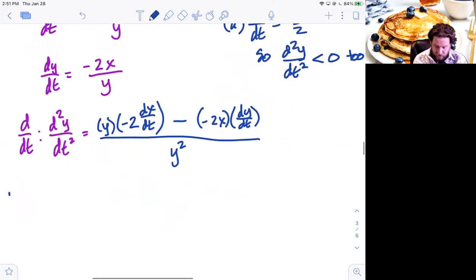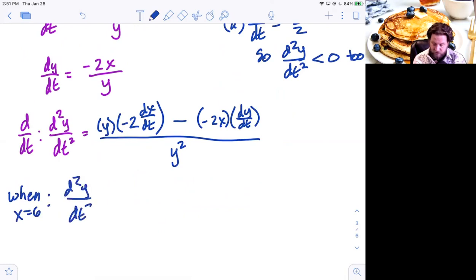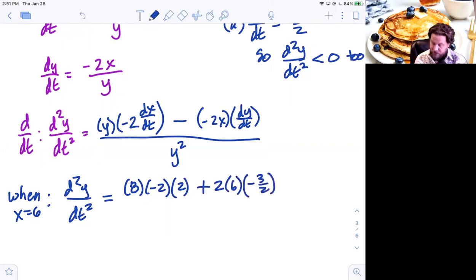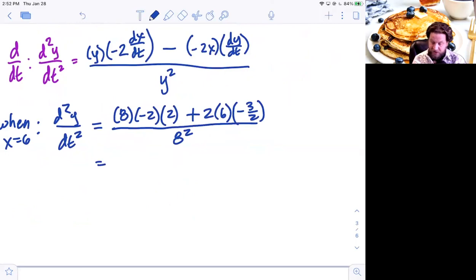All right, so now we're going to go back to the same moment in time when x is equal to 6. The acceleration of y with respect to t is, y at the moment was 8. Negative 2 is negative 2. dx/dt is 2, right? This becomes plus 2 times x, which is 6, times dy/dt, which from part A was negative 3/2, and then all over 8 squared. Let's just keep going here.